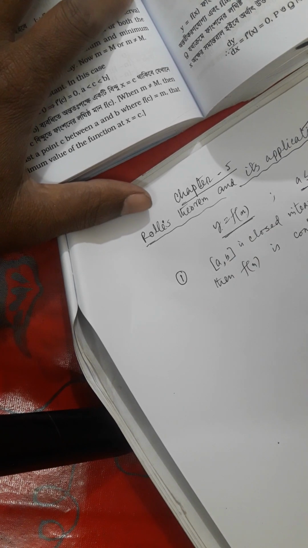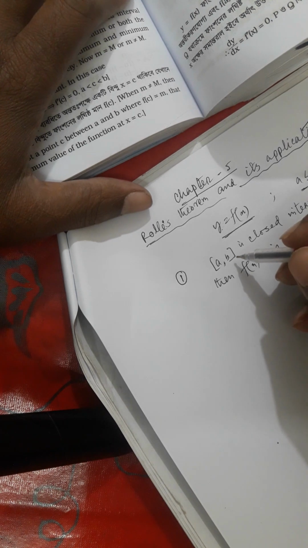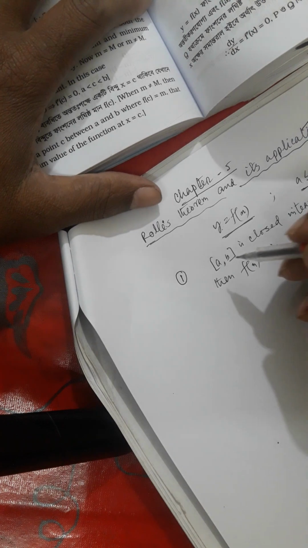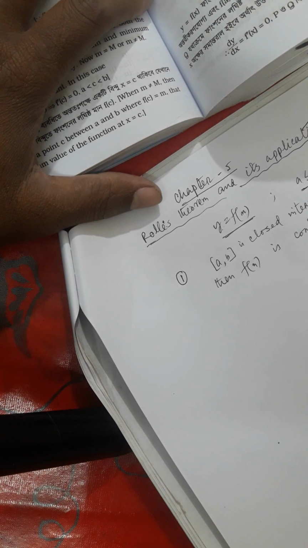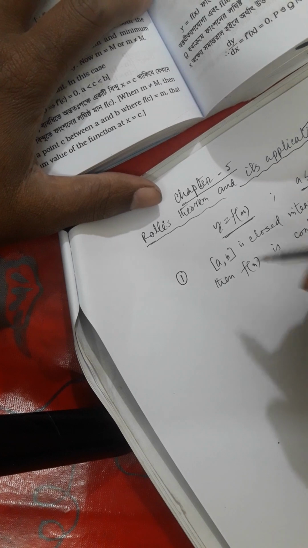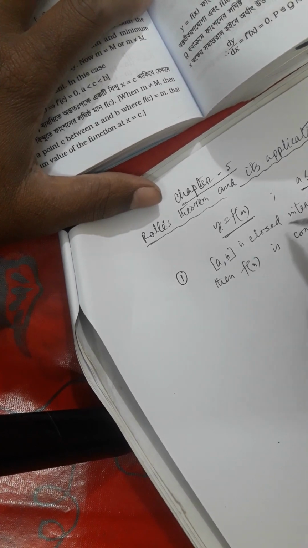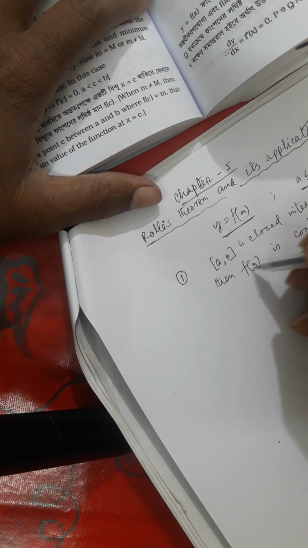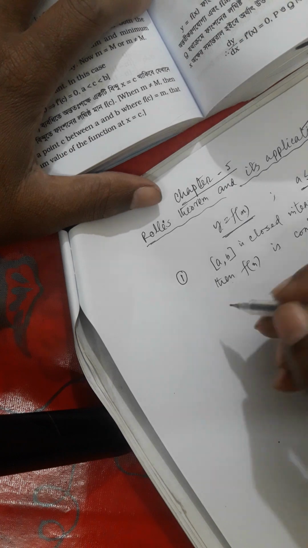Again reply that y equal to f of x is a function in the interval a is less than or equal to x is less than or equal to b, whose follows are by these conditions: a b is a closed interval, then f of x function is continuity.